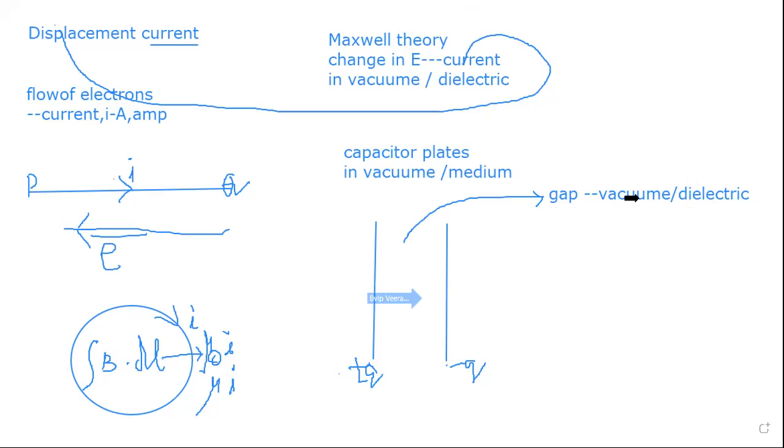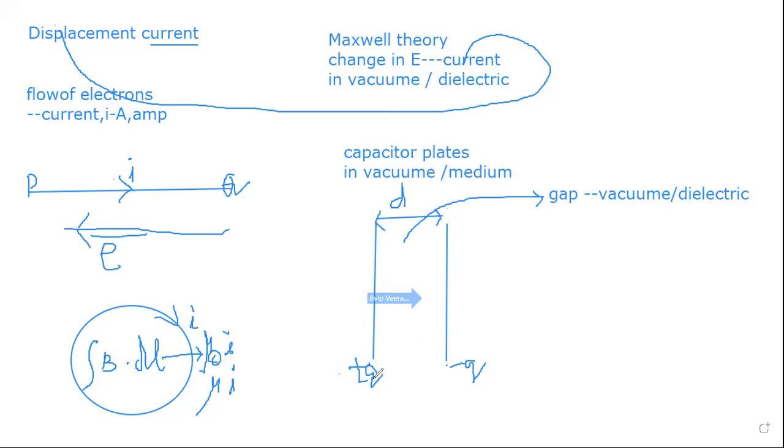Once you place the positive plate and the negative plate in vacuum at a distance, we denote this distance with D. We can also change the distance between the two plates of the capacitor.